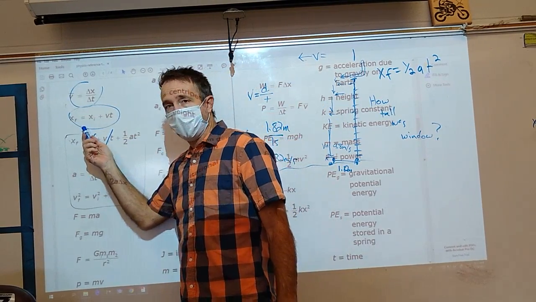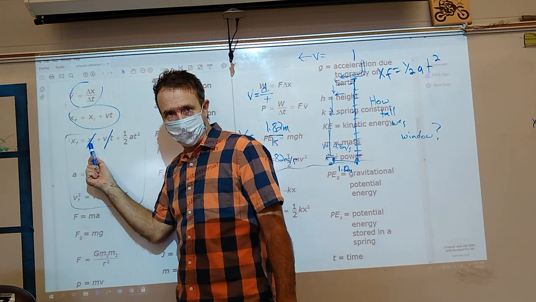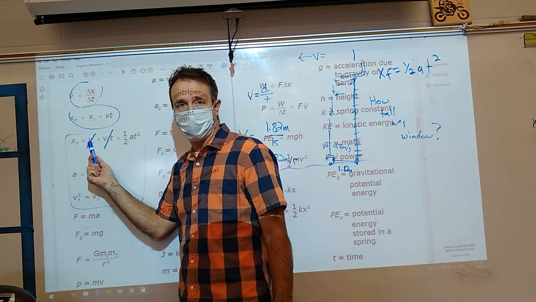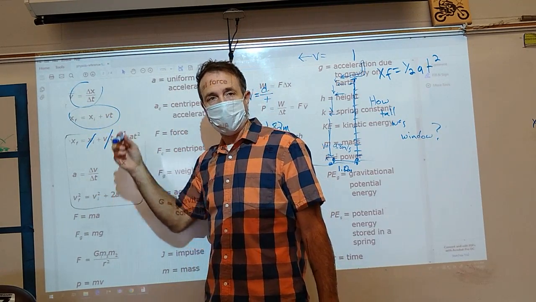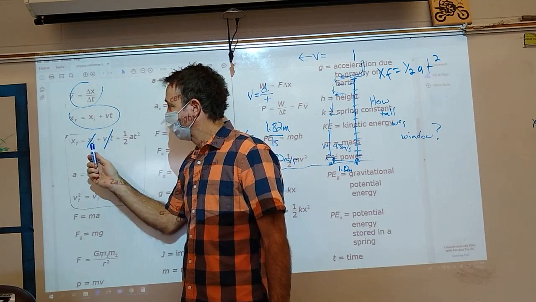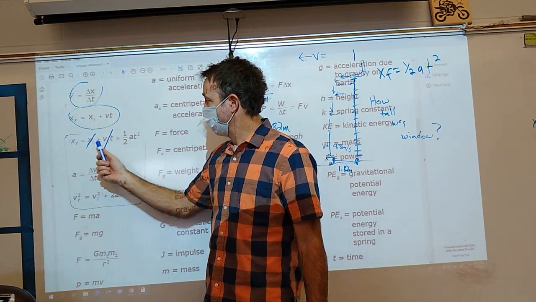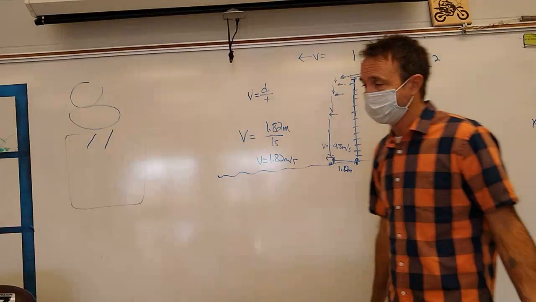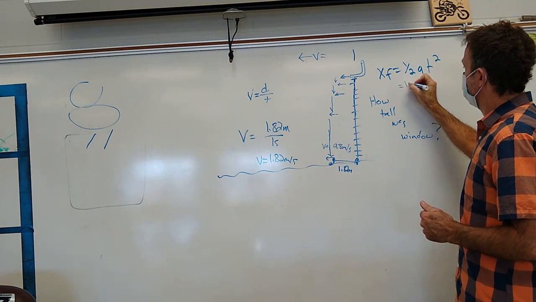But if we're talking about this thing falling, before it fell, how far had it gone? 0. So there's 0 initial distance. Before it started falling down, what's its downward velocity? 0. So that's 0. So the shortcut formula that we use often in this class is XF equals 1/2 AT squared. So XF equals 1/2.